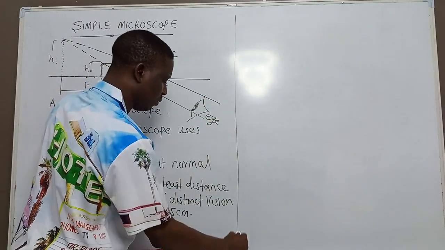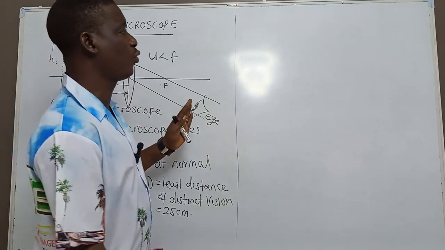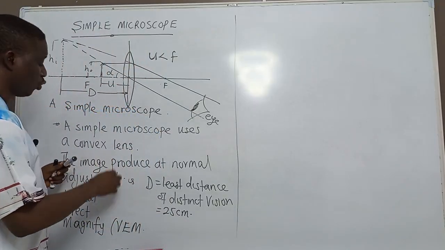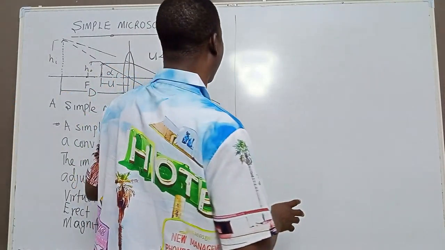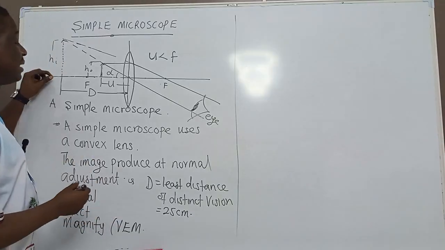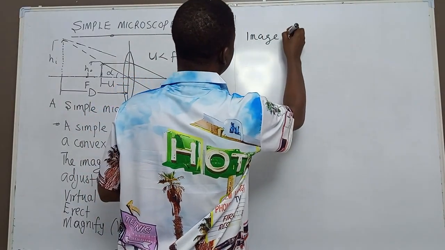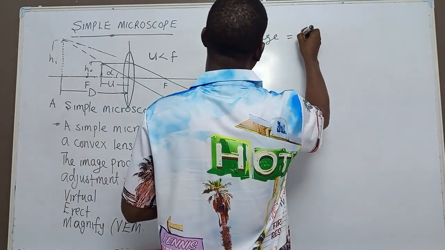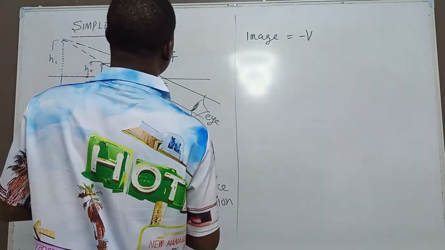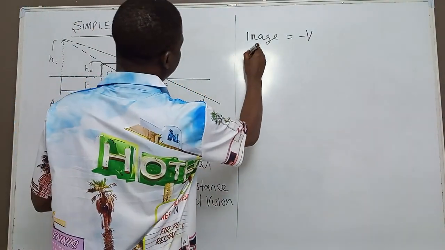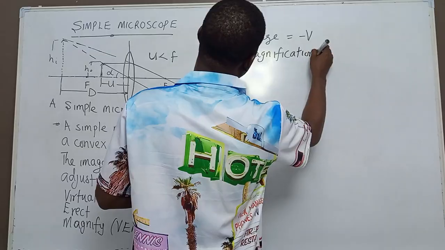Now, I want you to take note of this. In a microscope, the image I told you is erect and virtual. For an image to be erect and virtual, it means the image distance will be negative and the magnification will be positive.